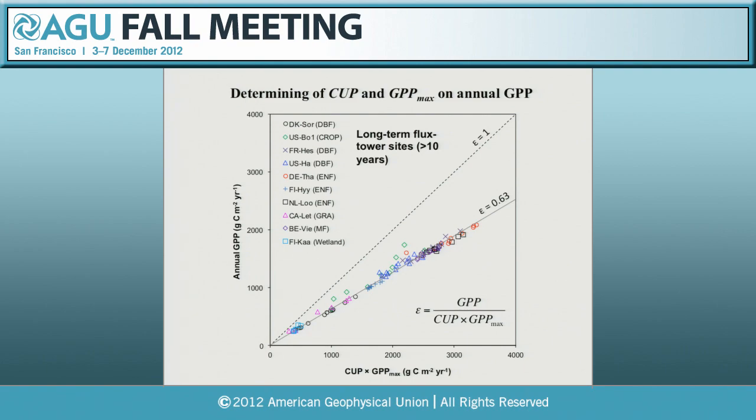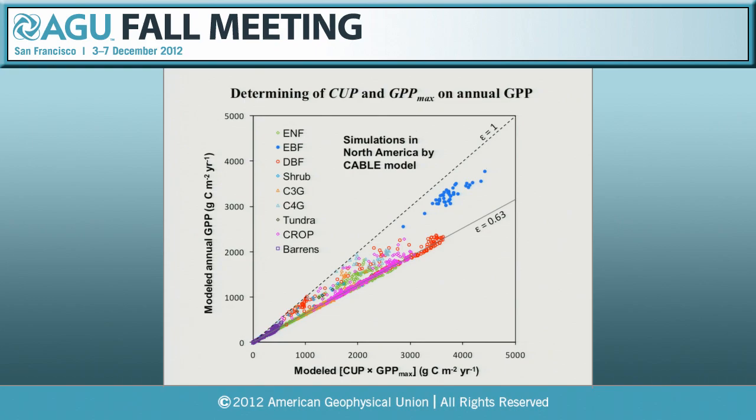Actually, all those interannual variability and cross-site data fall on the same line, 0.63.